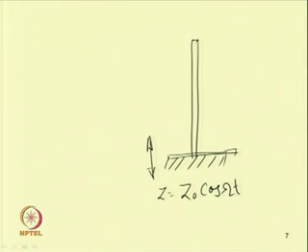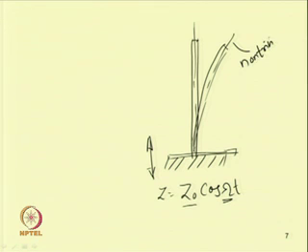We have already discussed this system: for some values of Z0 and omega, the system will start buckling, or vibrate in a transverse direction. It will come out of its trivial state. This is the trivial state and this is the non-trivial state.